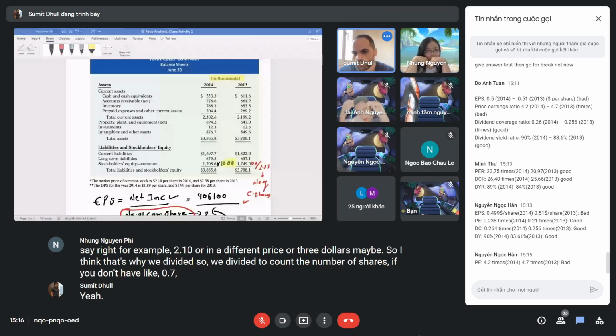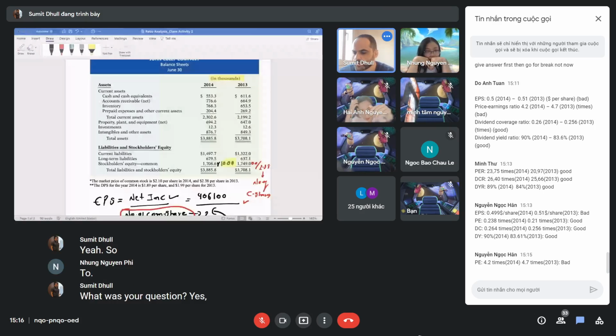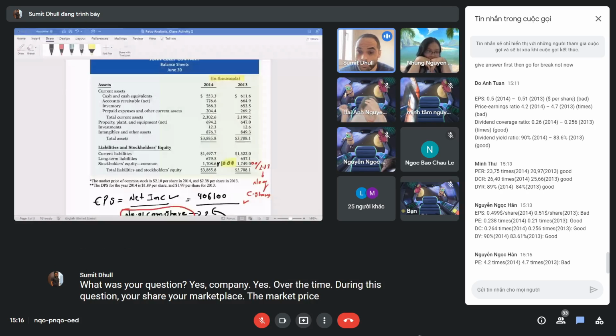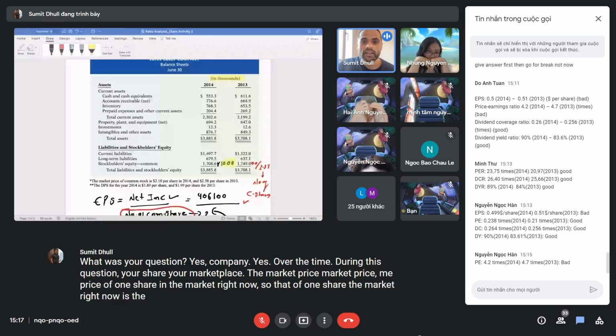What is your question? Yes, company prices change over time. But in this question, your market price means the price of one share in the market right now. The price of one share in the market right now is 2.10.